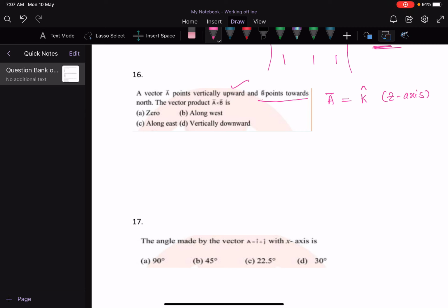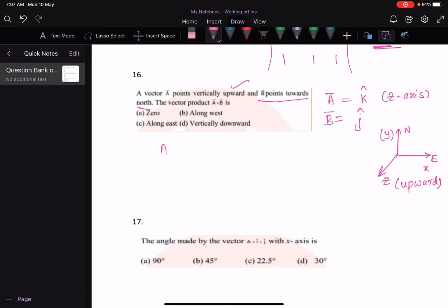Here I am drawing east and north. East is the x-axis, north is the y-axis, and upward is the z-axis. So vector B points along the y-axis. What is the unit vector along the y-axis? j is the unit vector.